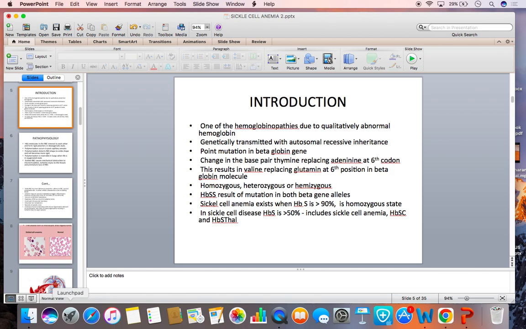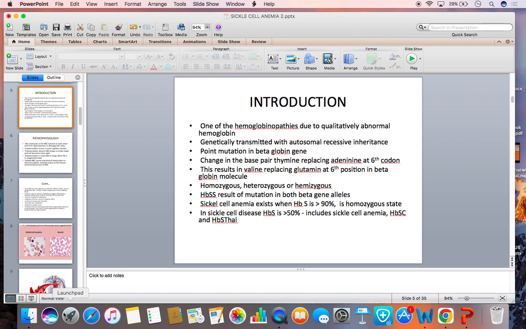That results in sickle hemoglobin, which undergoes polymerization in the deoxygenated state.